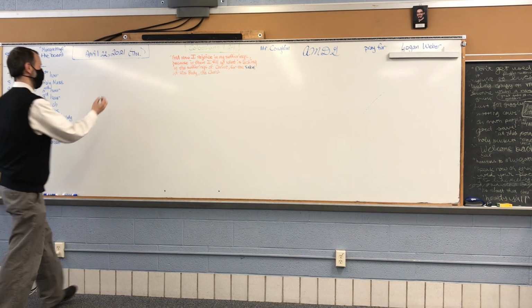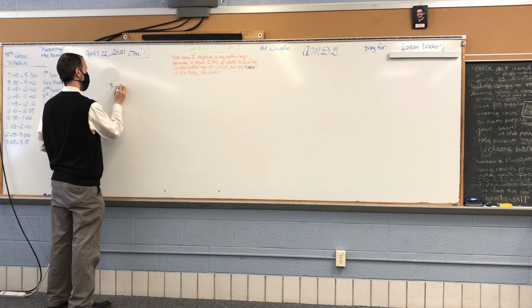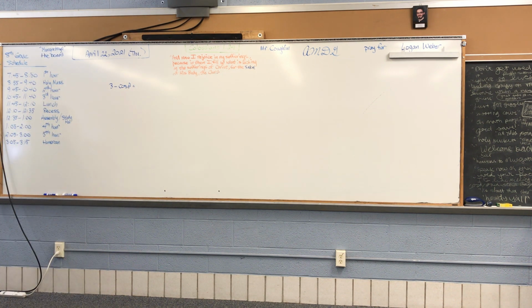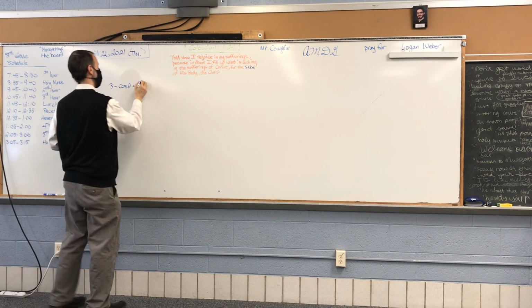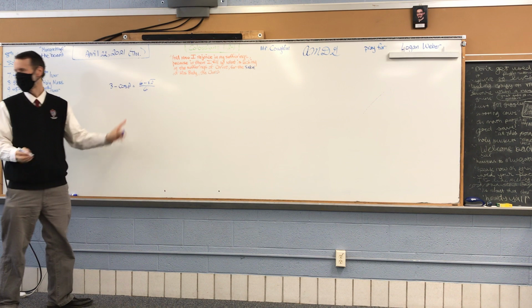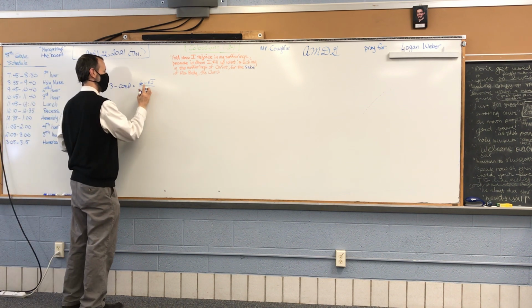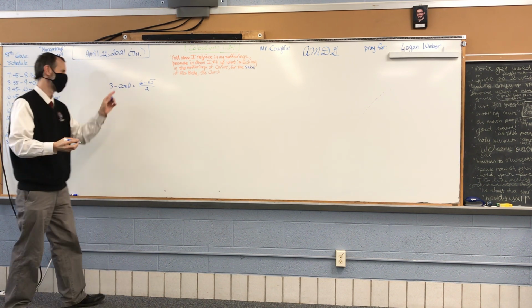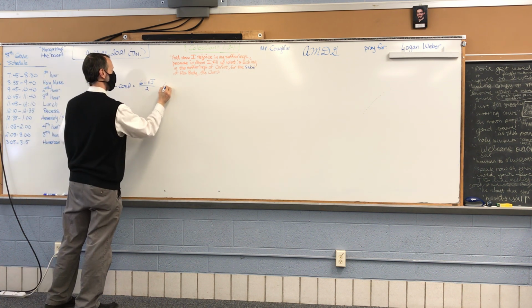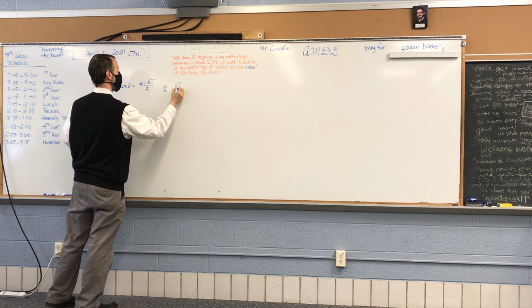Okay, 3 minus cosine of theta equals 6 minus radical 2 over 2. What I would do on the right hand side is divide this out, split it up. So 6 over 2 minus radical 2 over 2.